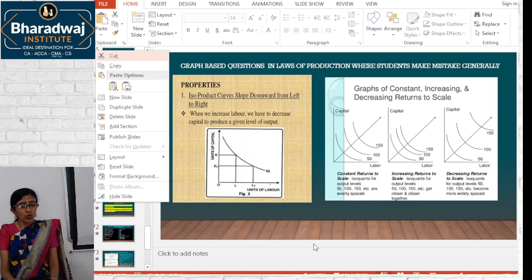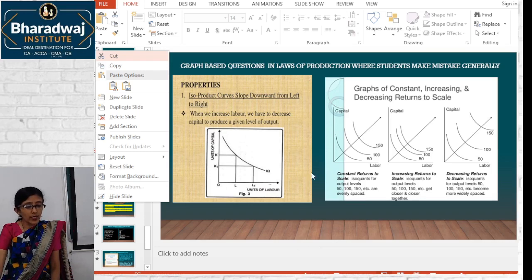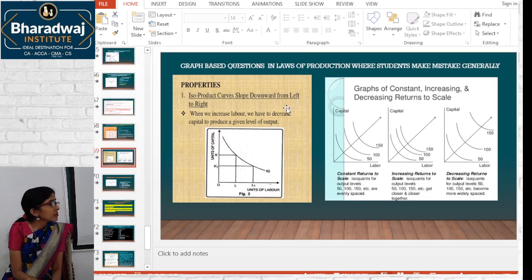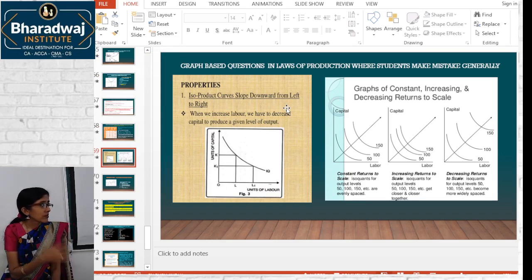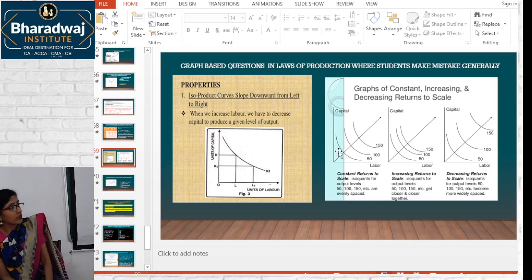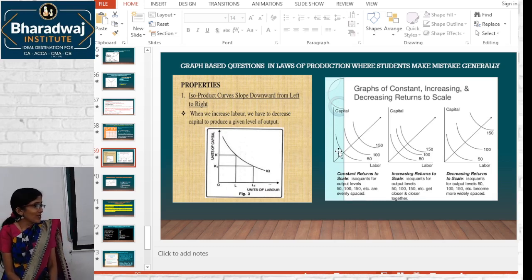Yes. So, what was the first question asked? Under the law of variable proportion, in the second phase, TP continues to increase but at a decreasing rate. True or false? True. Answer is true. Okay.